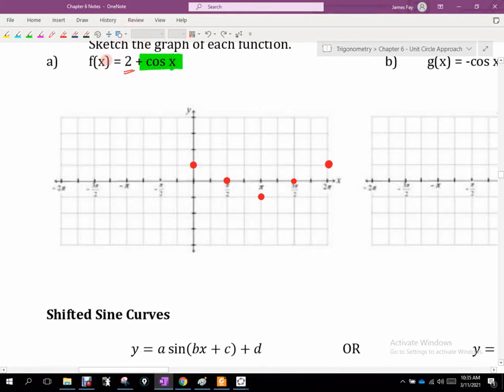All right? And think about what this says. It says the y value is 2 more than what the cosine's y values were. Okay? So if this cosine value was 1, that point (0, 1) is going to turn into what? (0, 3). Okay? Now, I have the luxury of being able to change colors and all that kind of stuff. You guys probably don't. You're probably using a pencil or a pen.